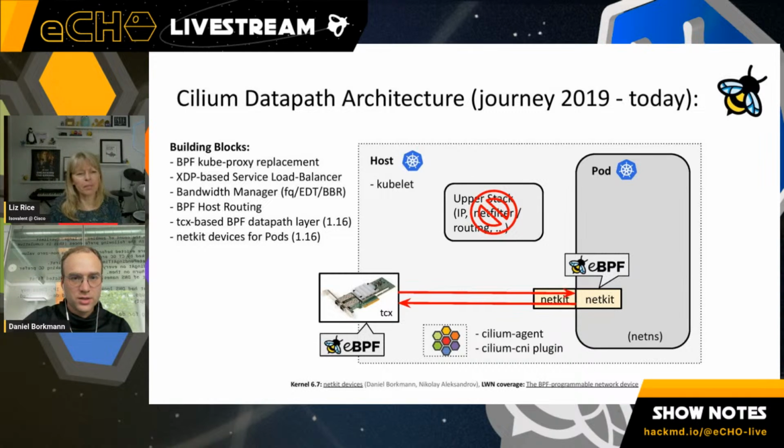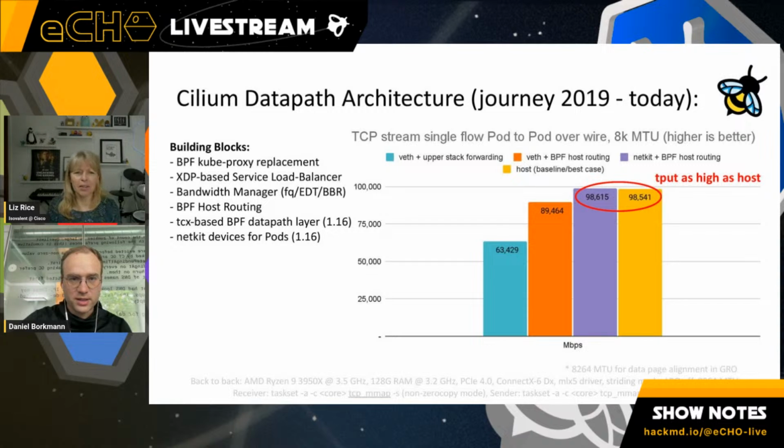Yeah. So in terms of performance, we did some measurements in our lab, which has bare metal machines with 100 gigabit dual port NICs back to back. We measured traffic pushed from a pod to another pod on a different machine, and we tried to get as close as possible to 100 gigabit.